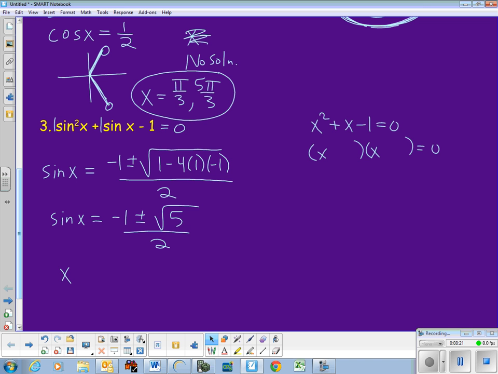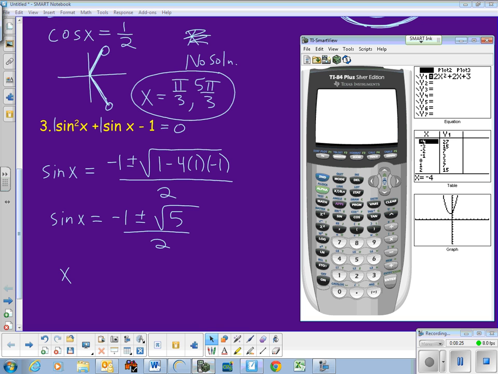So negative 1 plus square root of 5 over 2 is this, and I need to inverse sine that number. All right, and I get 0.67.